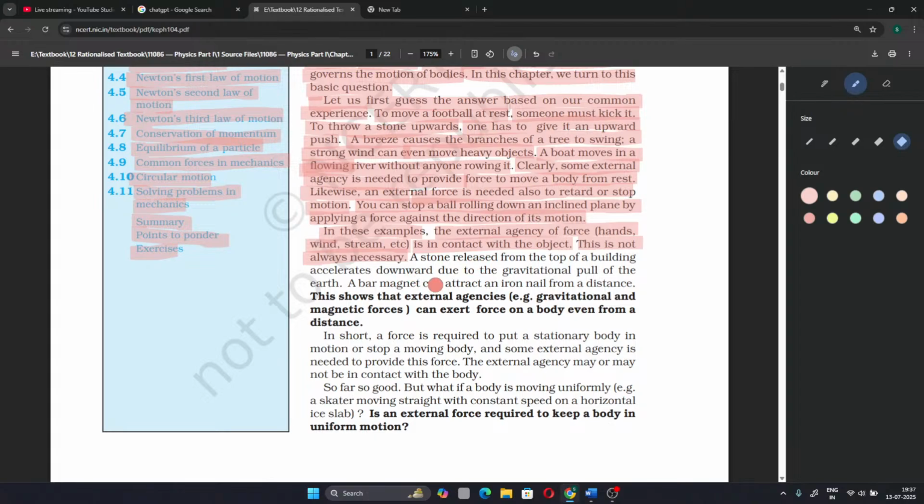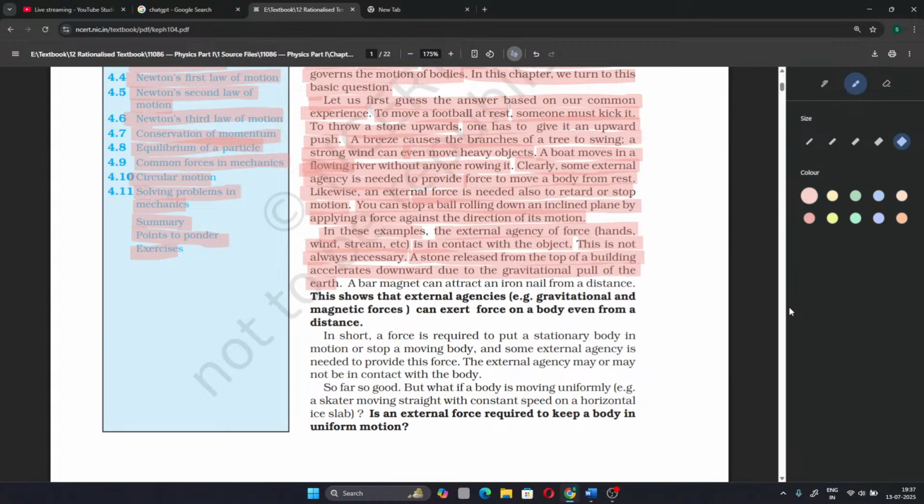A force doesn't always need to be a contact force. It can also be applied without contact. A stone released from the top of a building accelerates downward due to the gravitational pull of the earth. We say gravity, the gravitational pull. We don't see hands pulling the object down. We don't see the earth coming up and pulling the ball down.